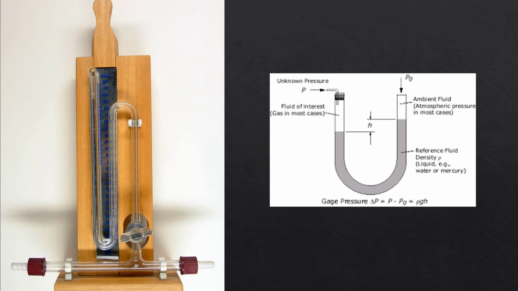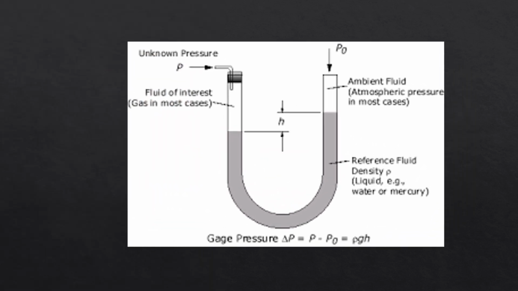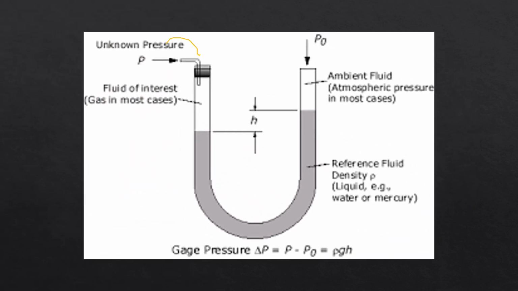Let's take an overview on this chart. This is the source. When the pressure increases, or we can say gets inside the tube, it causes the mercury to increase.